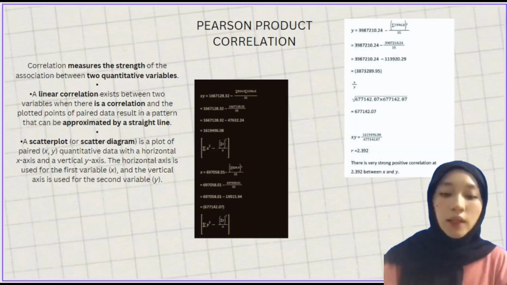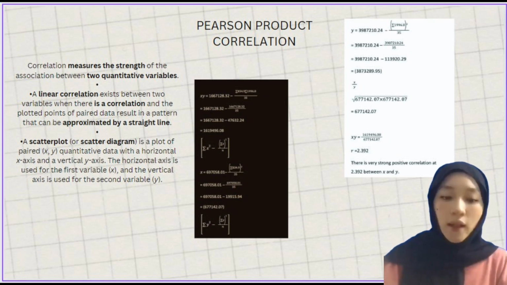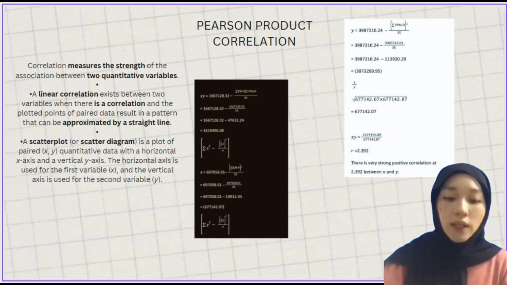Question 2, Pearson product correlation. Sxy: 167,128.32 minus 167,128.32 divided by 35, which is 167,128.32 minus 4762.2524. For the answer, 1616465.08.